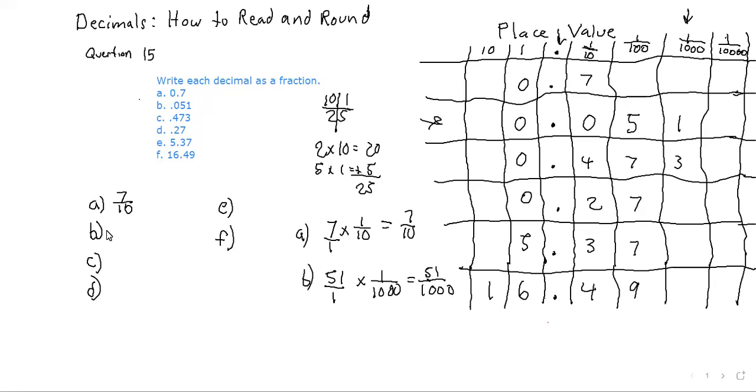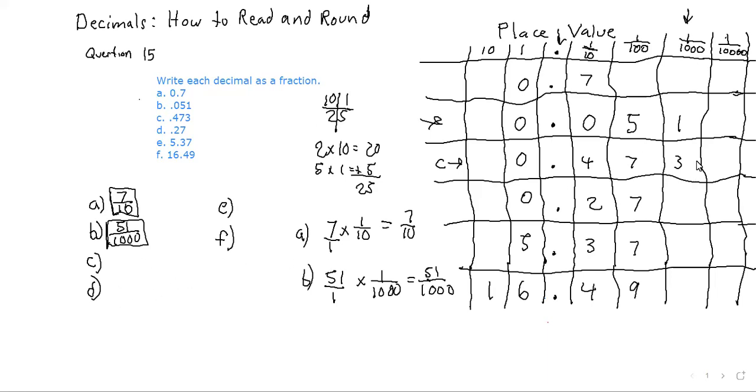Let's go ahead and finish up the others. For B, it was 51 thousandths. That's the answer for that one. Let's go on to C. C is 0.473. The last digit is 3, and it's in the thousandths place.